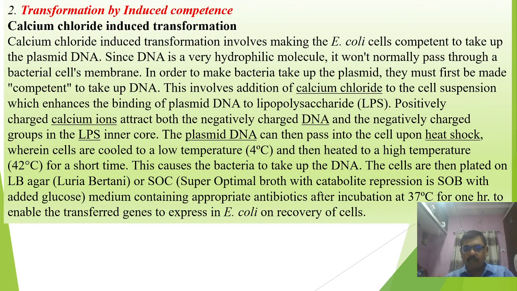This causes the bacteria to take up the DNA, and such cells are then plated on culture media with the appropriate antibiotic after incubation at 37 degrees centigrade for 1 hour, to enable the transported gene to express in E. coli on recovery of the cell.